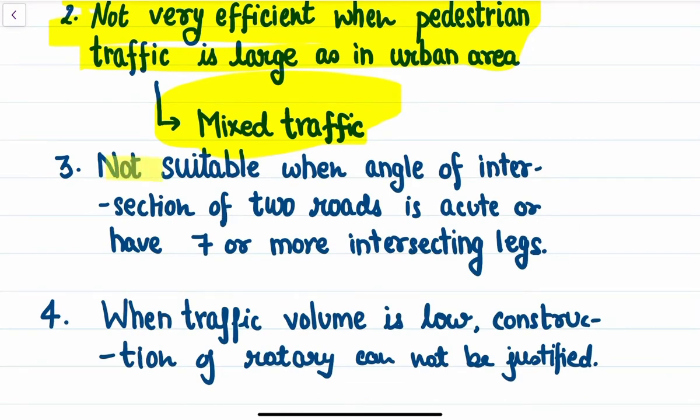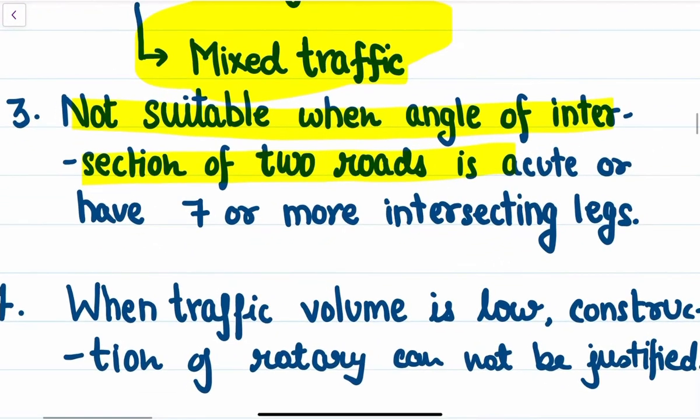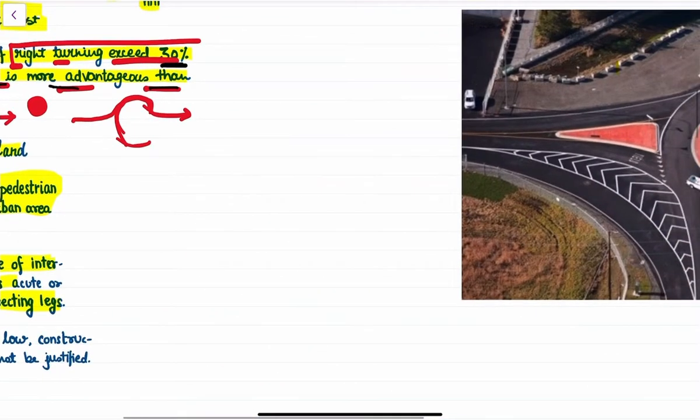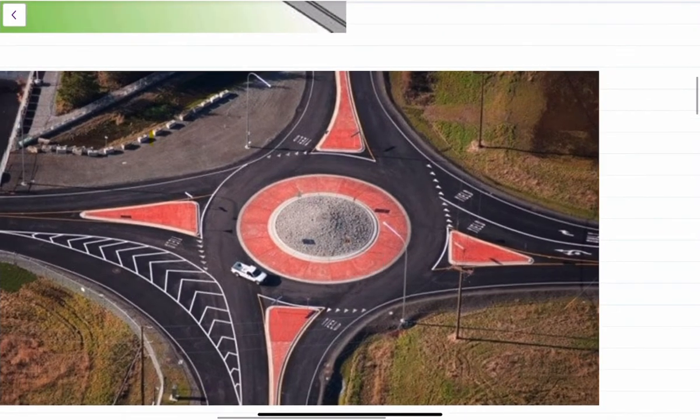Construction of rotary is not suitable when the angle of intersection of two roads is acute or there are 7 or more intersecting legs. We have seen that conventionally a rotary has 4 legs.